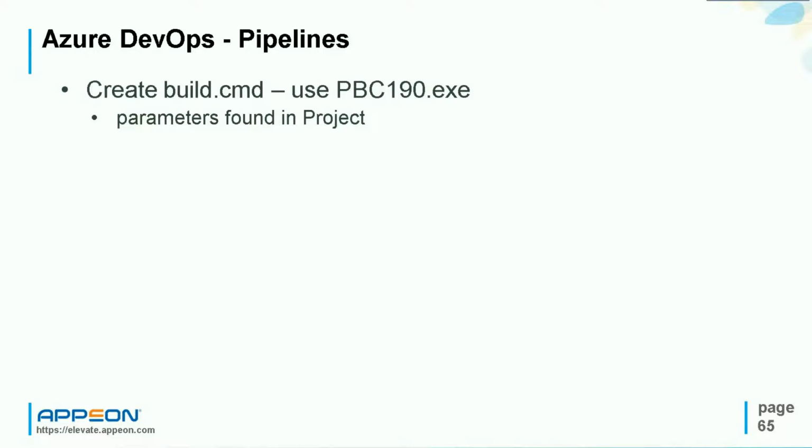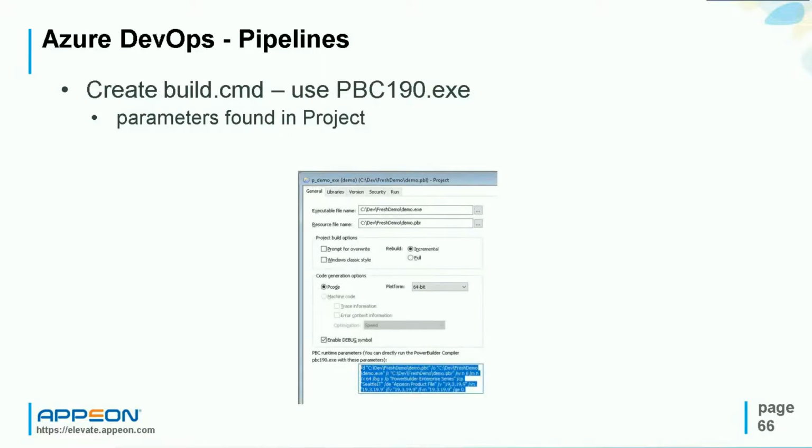So now we're going to create the build. This is going to call PBC190, which is the PowerBuilder compiler, and the parameters come from the project object in your PowerBuilder application.